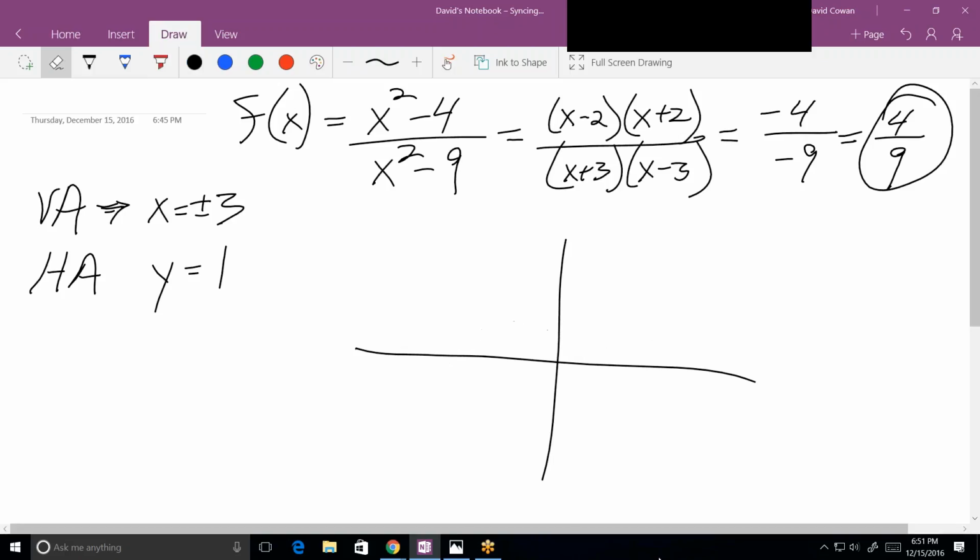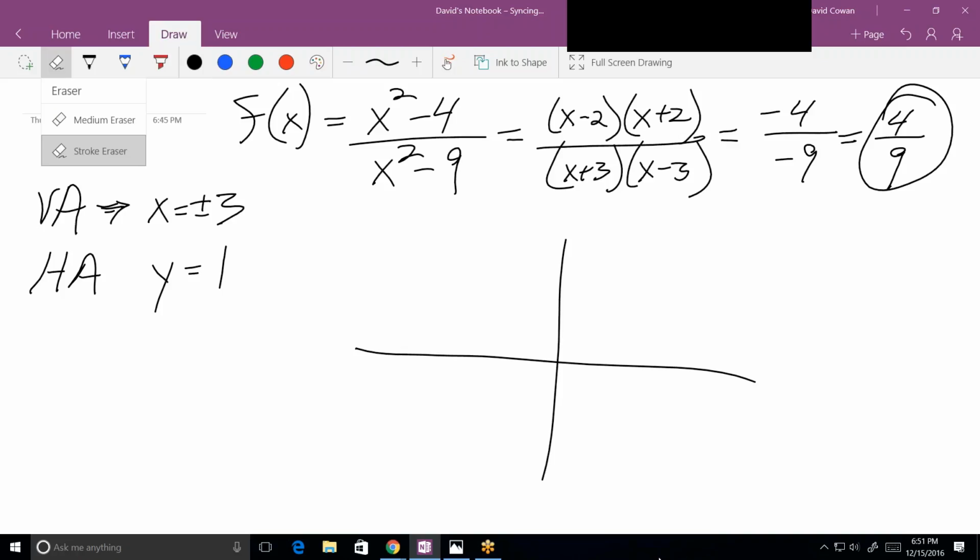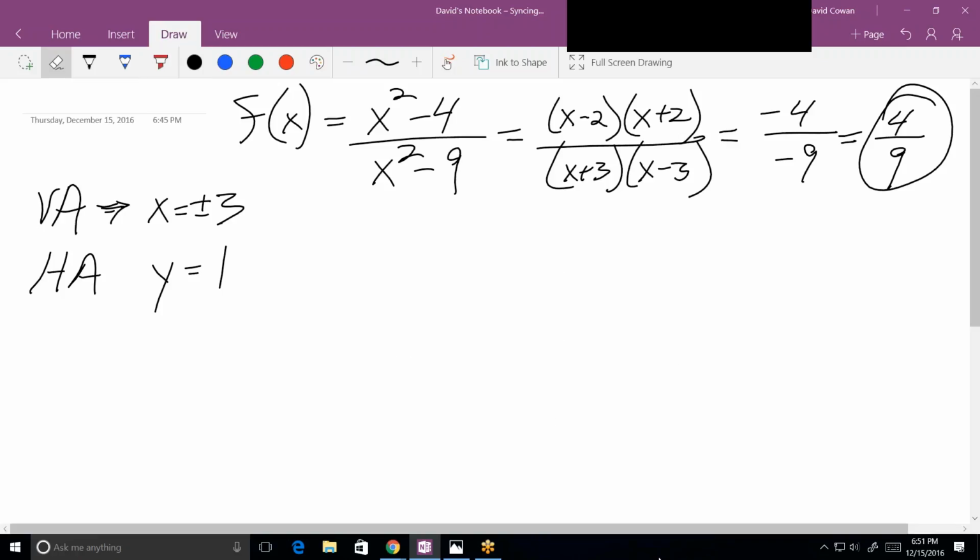X-intercepts are a little harder. What's y equal to when you're solving for the x-intercept? 0. Right. Key thing to remember. X-intercepts, y is 0. Y-intercepts, x is 0. Well, that means I have to set f of x equal to 0 and solve that equation.